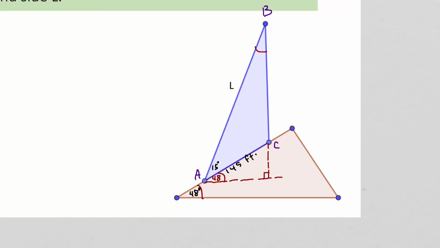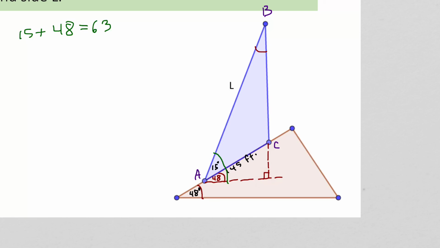The way that I can do that is to see that 15 plus 48 will give me that angle right there, 63 degrees. If that's 63 degrees, then I should be able to figure out this one as well, because this angle 63 plus this angle plus 90 degrees is equal to 180.